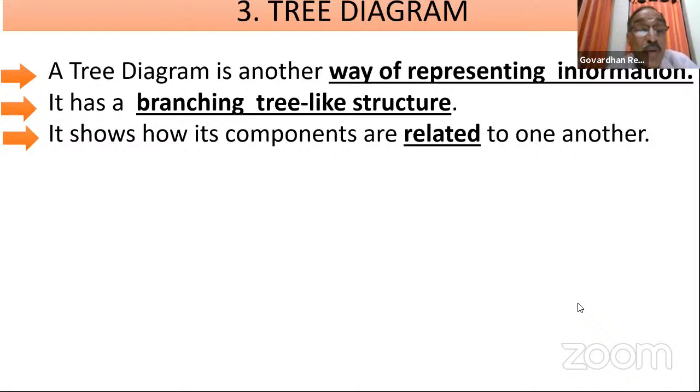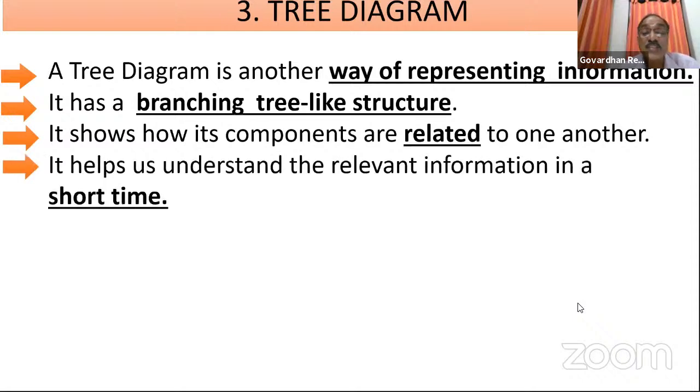Likewise, for BiPC students, the tree diagram is used for the classification of animals or classification of plants. It helps us understand the relevant information in a short time. Just by looking at the tree diagram, you can understand a lot. You can show that a particular topic is divided into how many branches or what is the relationship between them.